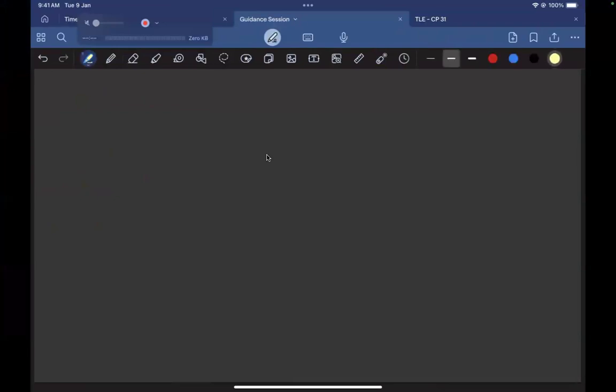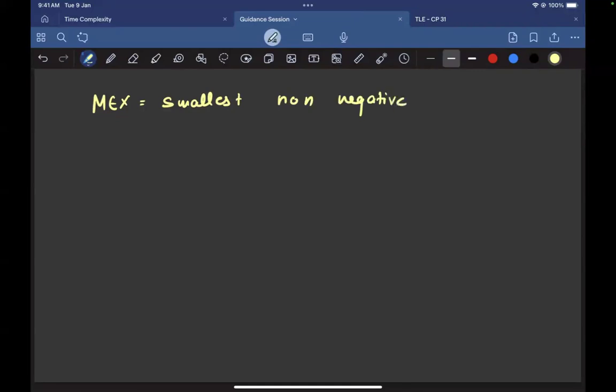Okay, let us look at the problem. First of all, we need to clear one term over here that is called mex. What is mex? Mex is the smallest non-negative integer, you can say, in a set of numbers greater than or equal to 0.